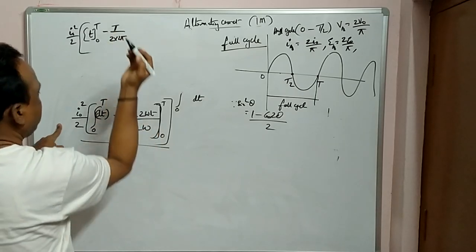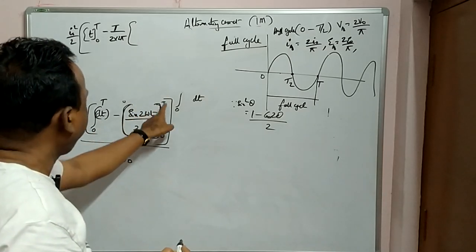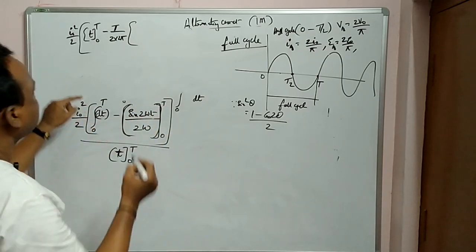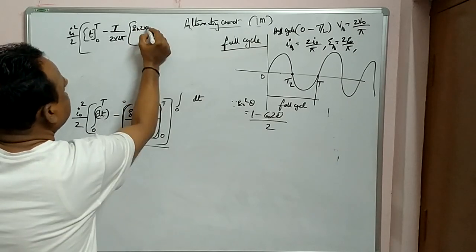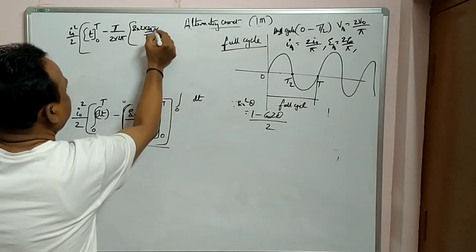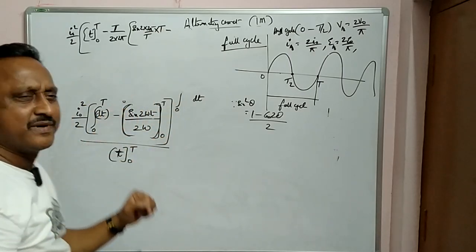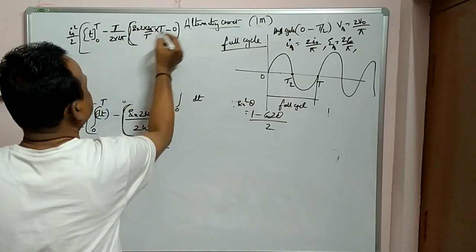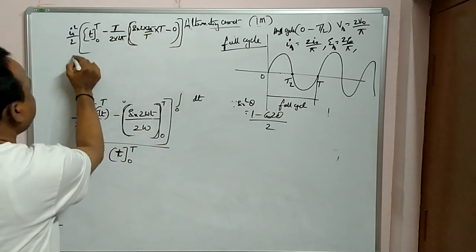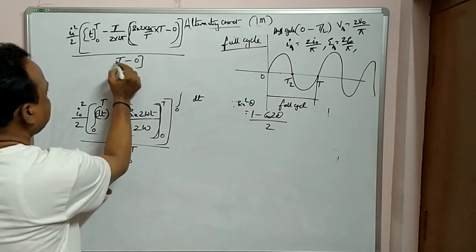T I'll take to the top, into t plus, in the upper limit, see here, sin 2 into omega, that is 2 pi by T into upper limit T, minus lower limit sin 0, 0. This is the numerator. What is the denominator value? Upper minus lower.